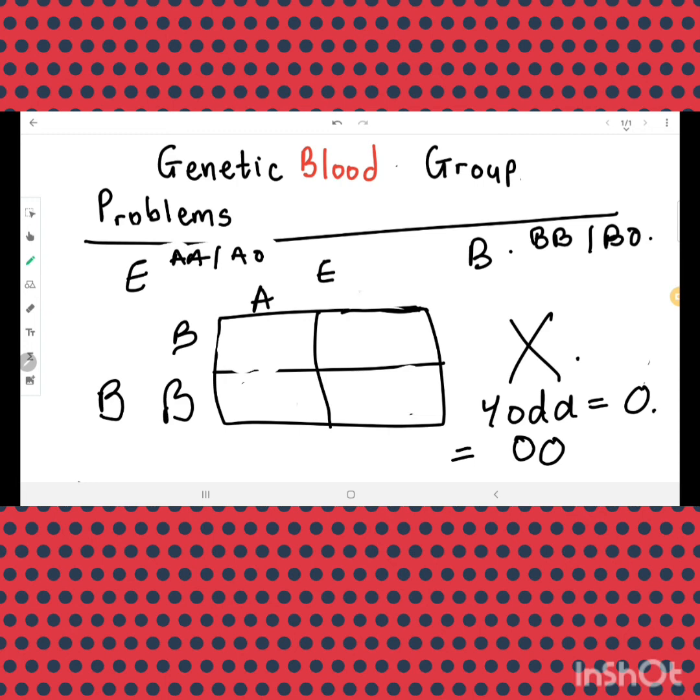So we have AA and BO. Possible combinations: we have AB, AB, AO, and AO. It's not possible again.